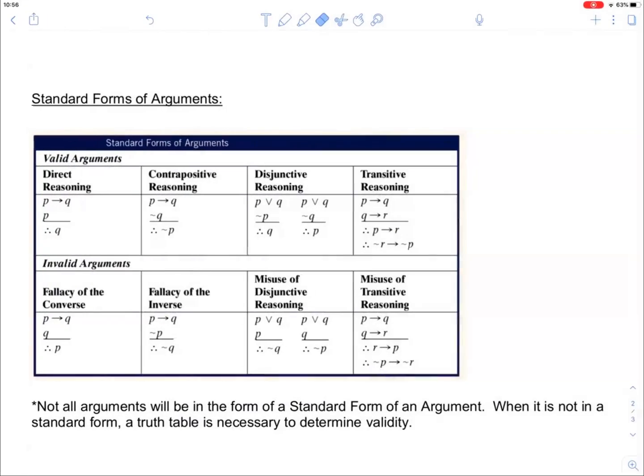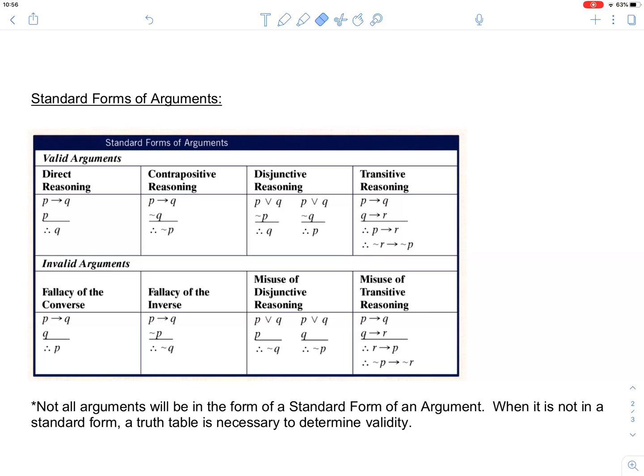There are some standard forms of arguments. If arguments are in this form, notice the top four, all of these are considered valid arguments, and the bottom four, anything of this pattern, would be considered an invalid argument.